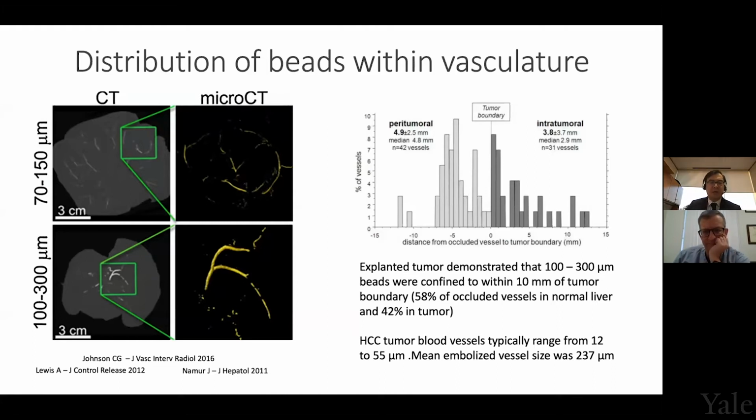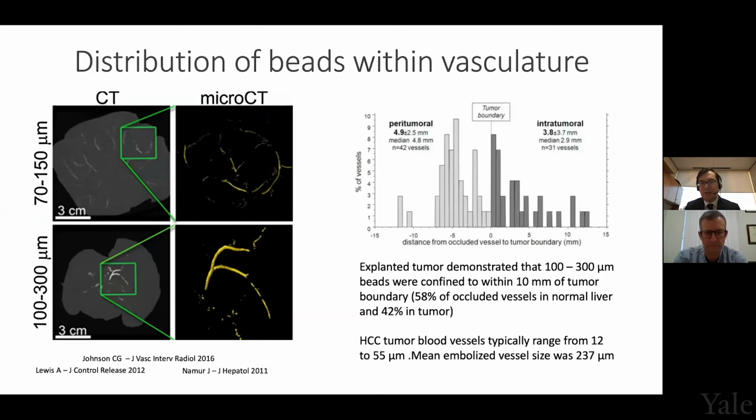So Namur had this really interesting publication in 2011, where they explanted a tumor 8 hours after they embolized. They embolized the tumor as bridging to transplant, and the patient then got a call and was transplanted 8 hours later.